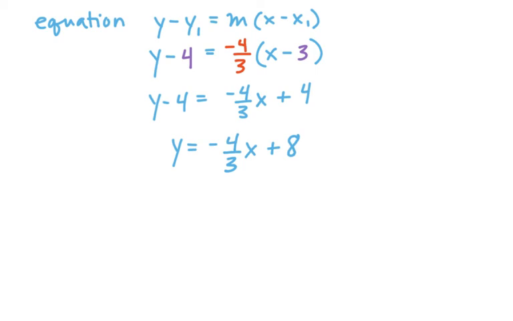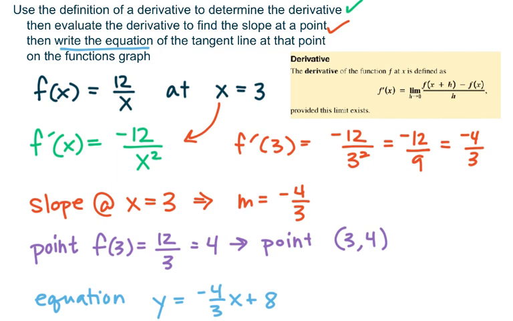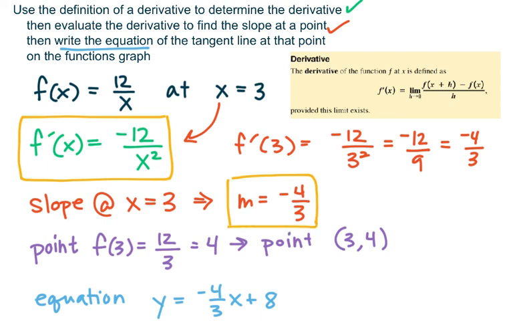So let me clean this all up again so we can see it all on one page. We have found our derivative. The derivative was f prime of x equals negative 12 over x squared. We found the slope at that point was m equals negative 4/3 by plugging 3 into the derivative. We found our ordered pair, which the question didn't ask us to find, but we needed it to calculate the equation of the tangent line, was (3, 4).